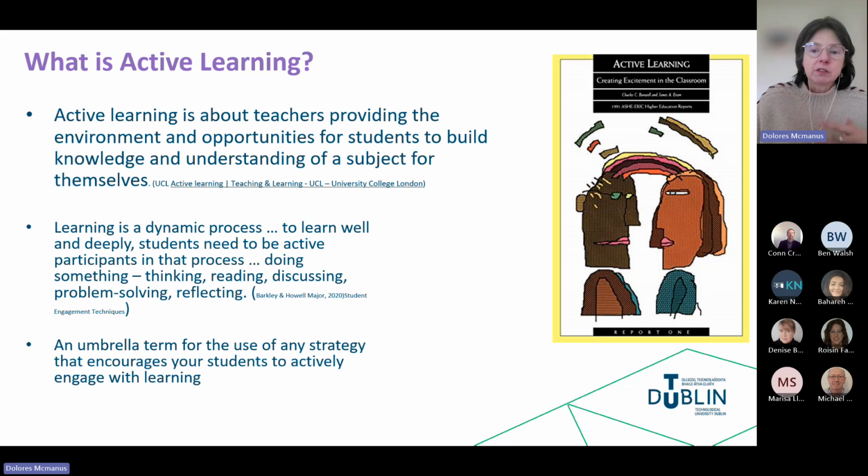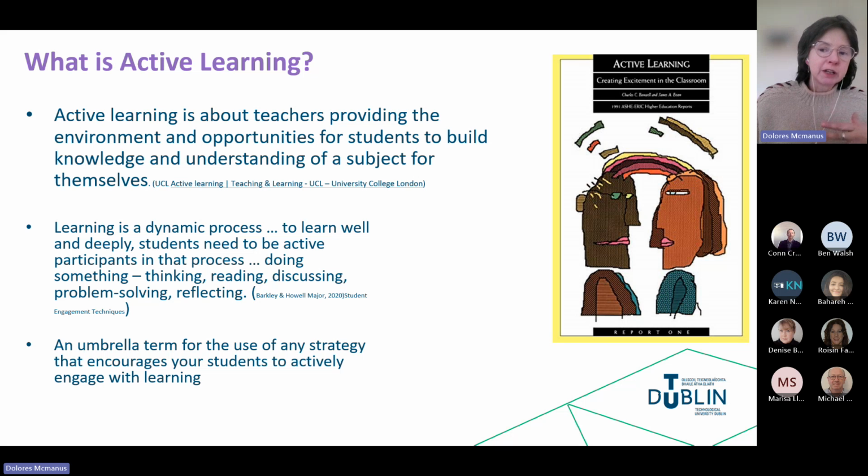And student achievement, of course, means students meet their learning outcomes on a year-by-year basis. They progress and they eventually graduate. And for TU Dublin at the moment in particular, that retention piece is incredibly important. But how do we achieve the levels of engagement we would like to see? We do that, in part at least, by active learning. And again, there's plenty of data and research to back that up.